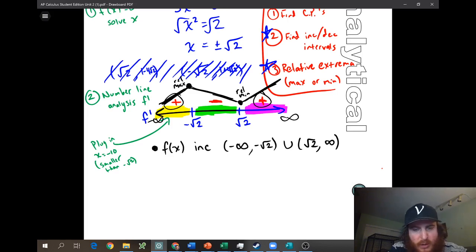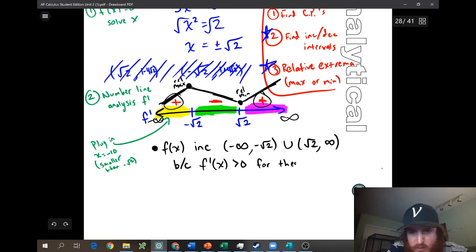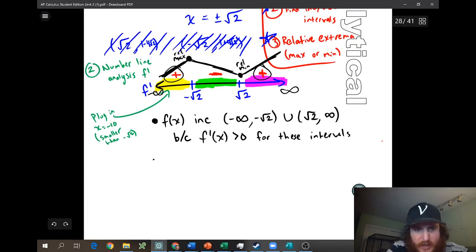Now, again, we don't get credit yet unless we say because, so same explanation as yesterday, f prime of x is greater than 0, and I like to add on, for these intervals, or at these intervals. You'd also just repeat, at negative infinity to negative square root of 2, union square root of 2 to infinity. And then same thing for the negative side.